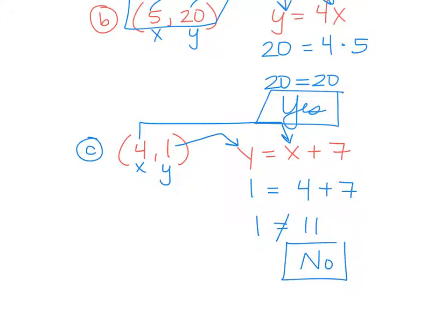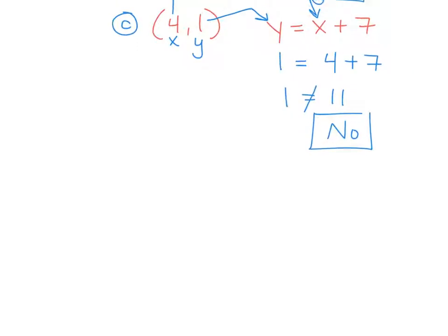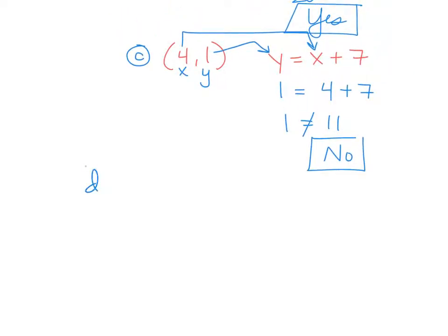Okay? One more. Let's say our point is (12, 8), and our equation is y equals x minus 4. Which one's my x, which one's my y? X is the 12, y is the 8, okay?